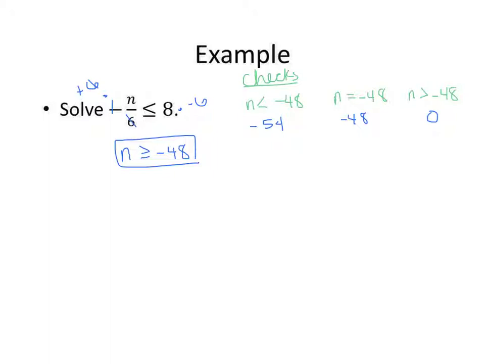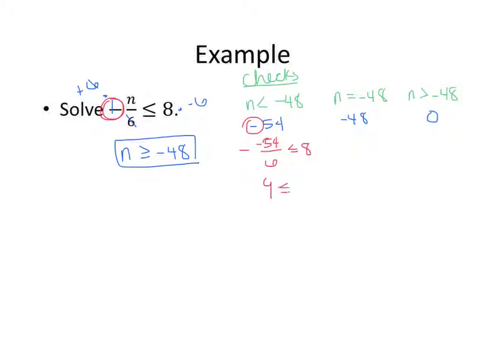Okay, so if we had negative negative 54 over 6, less than or equal to 8, notice I had 2 negatives there, because I have my negative that it comes with and then the negative that I'm putting in. So that becomes a positive because it's a negative negative. 54 divided by 6 is 9.